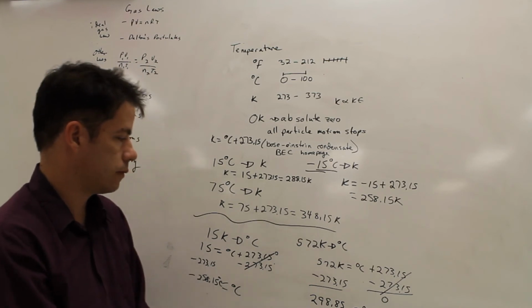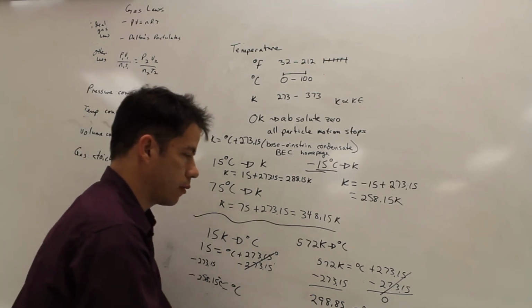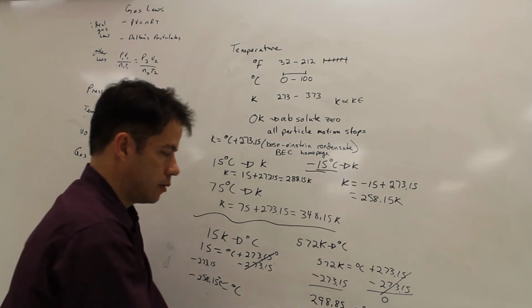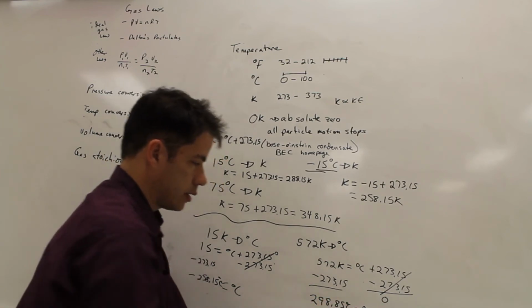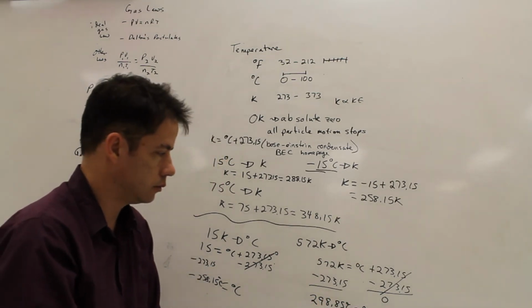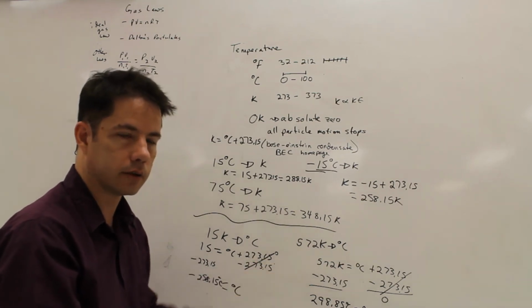Yep. There you go. But it's a positive number, right? Because this is bigger. 298.85 degrees Celsius. Plug it in your calculator. Okay.